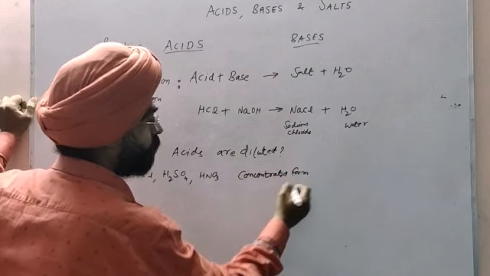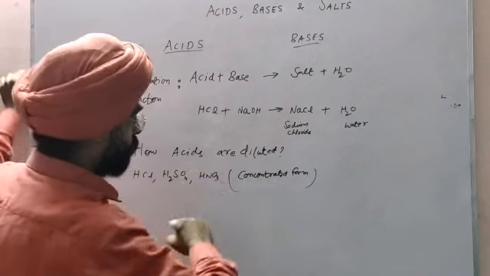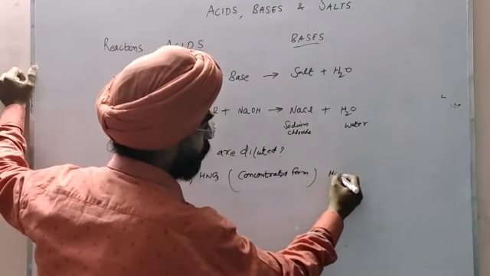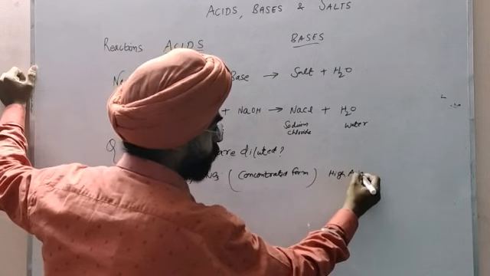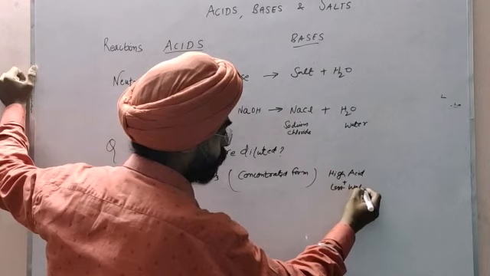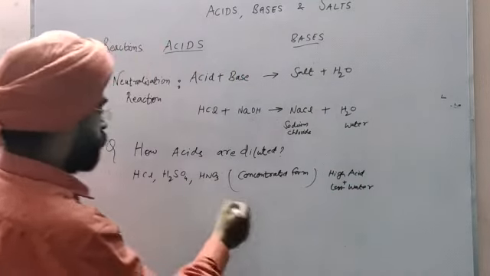Concentrated form means very little water and a high amount of acid. So they are called strong acids.